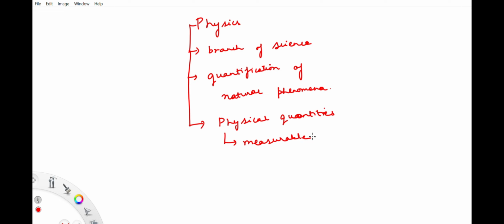We'll be dealing with a lot of physical quantities, and we basically categorize physical quantities as scalar and vector quantities. Now let us distinguish between scalar and vector quantities, and see how these quantities are different.